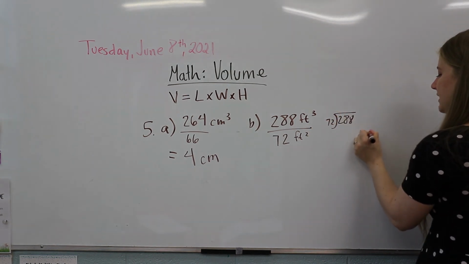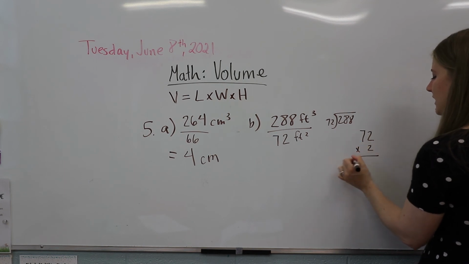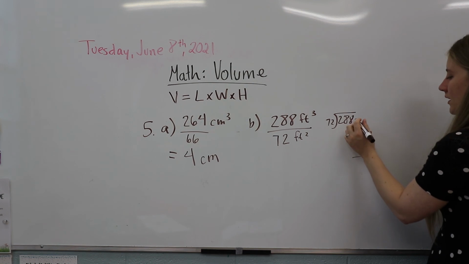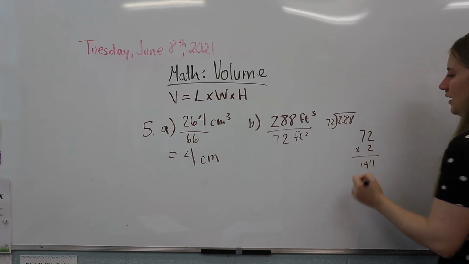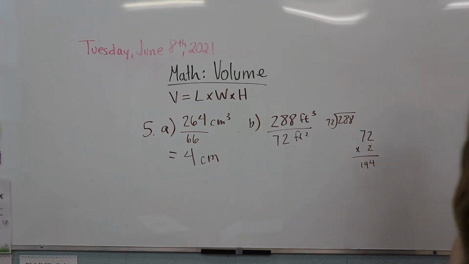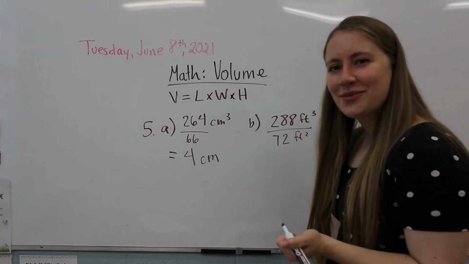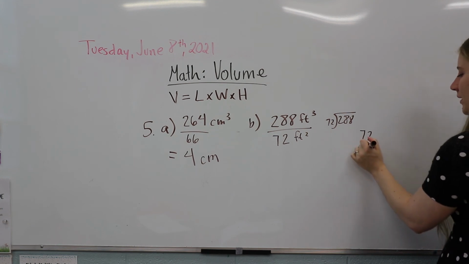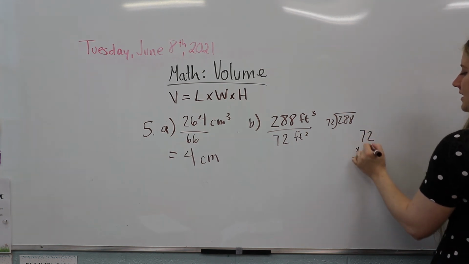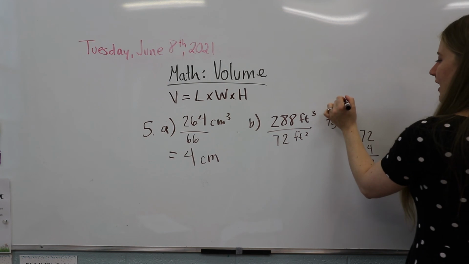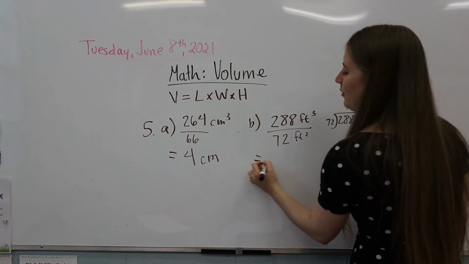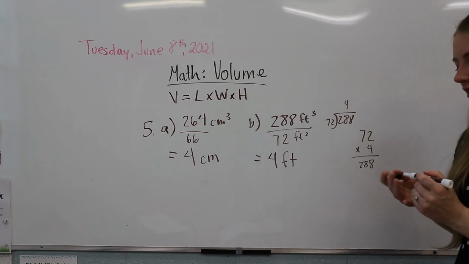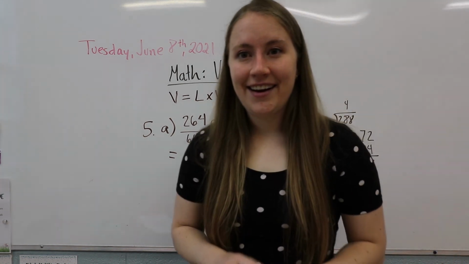So I'm going to start by doing 72 times 2, just to see how big that gets us. Okay, 2 times 2 is 4, and 14, so it's 144. And oh my goodness, look at that, we've done it again. It's half of the answer. So we know that 72 times 4, 2 times 4 is 8, 7 times 4 is 28, and that gets us our answer. So it's 4 feet, okay? So there you have it.